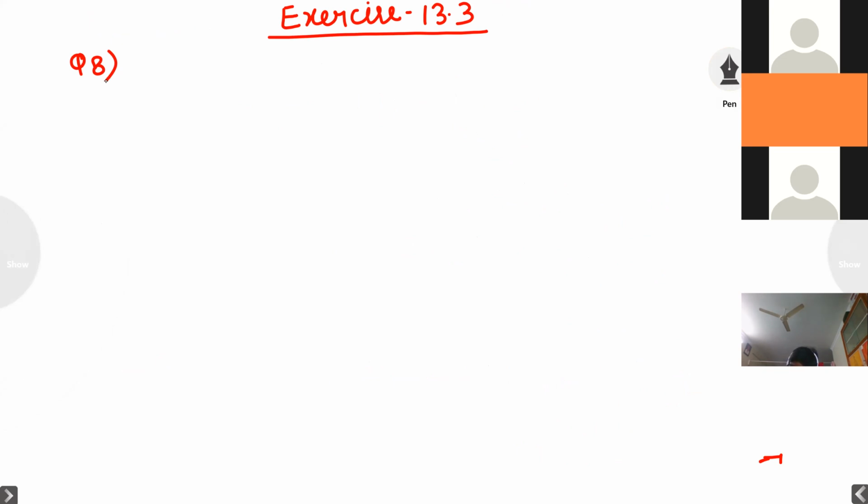A bus stop is barricaded from the remaining part of the road by using 50 hollow cones made by recycled cardboard. Each cone has a base diameter of 40 centimeter and height is 1 meter. If the outer side of each of the cones is to be painted and cost of painting is rupees 12 per meter square, what will be the cost of painting all these cones?